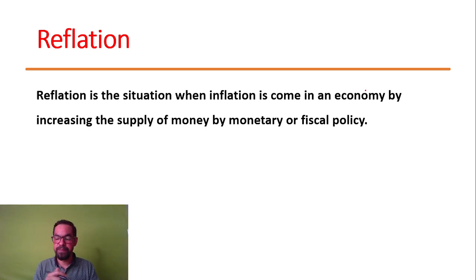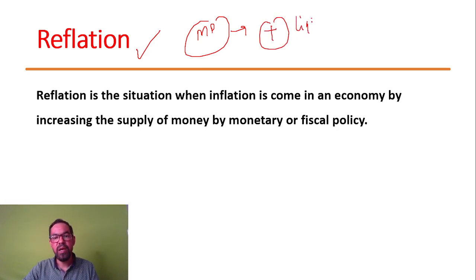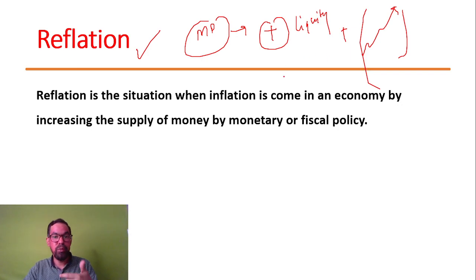Next one, reflation. Now what is reflation? Reflation is kind of a reflection. Let's say through monetary policy, RBI increases the money supply and the liquidity in the market. If there is high liquidity, what will be the outcome? If there is more money in the market, people will spend more, so inflation will also go up. With more credit flow in the economy, that situation is generally known as reflation.